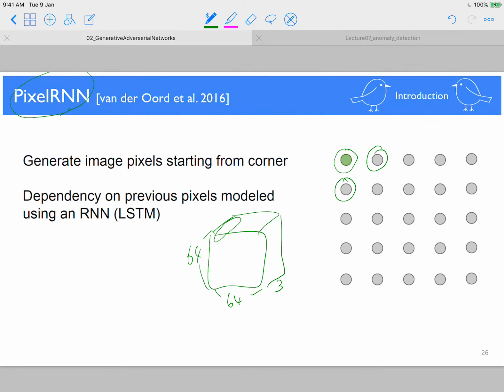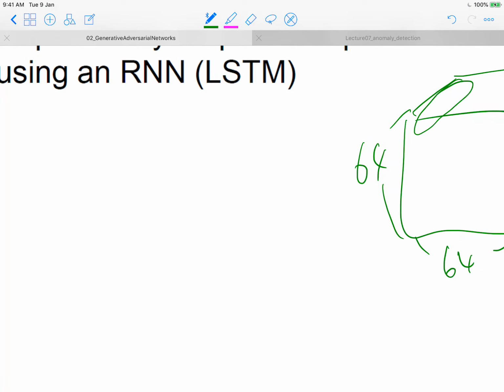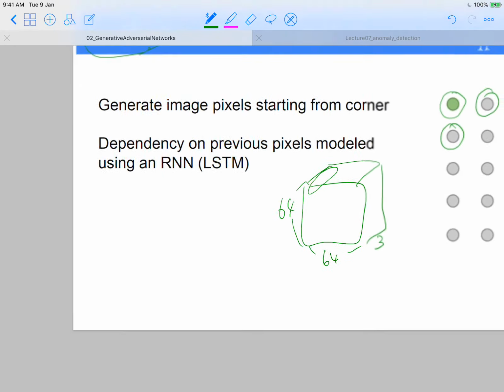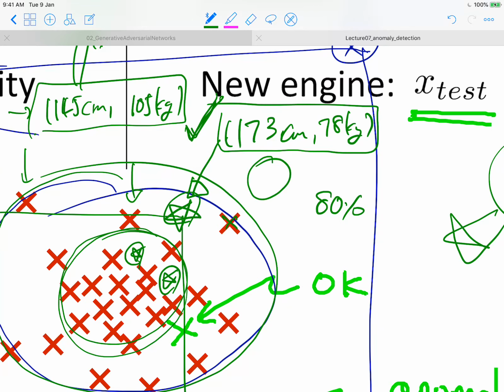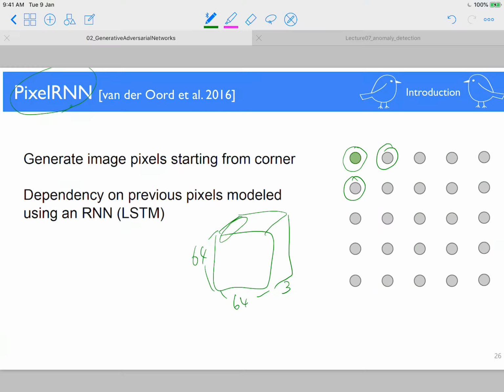So the main intuition is something like this. Given facial images, you can think of a density with really less likely regions and highly likely regions.